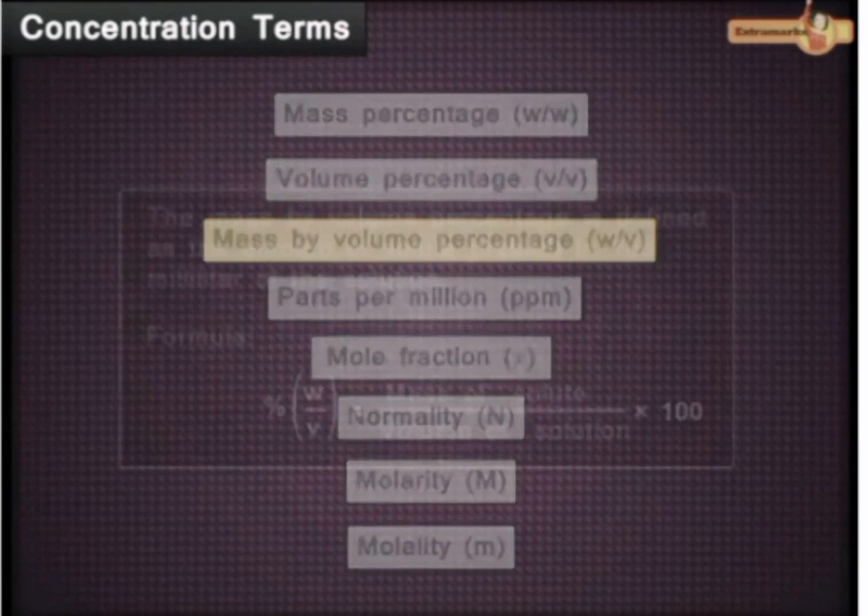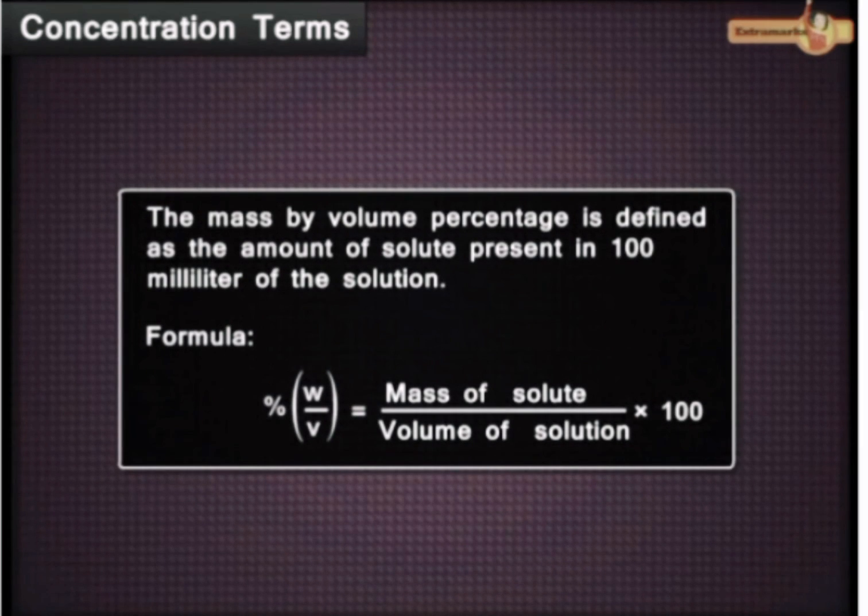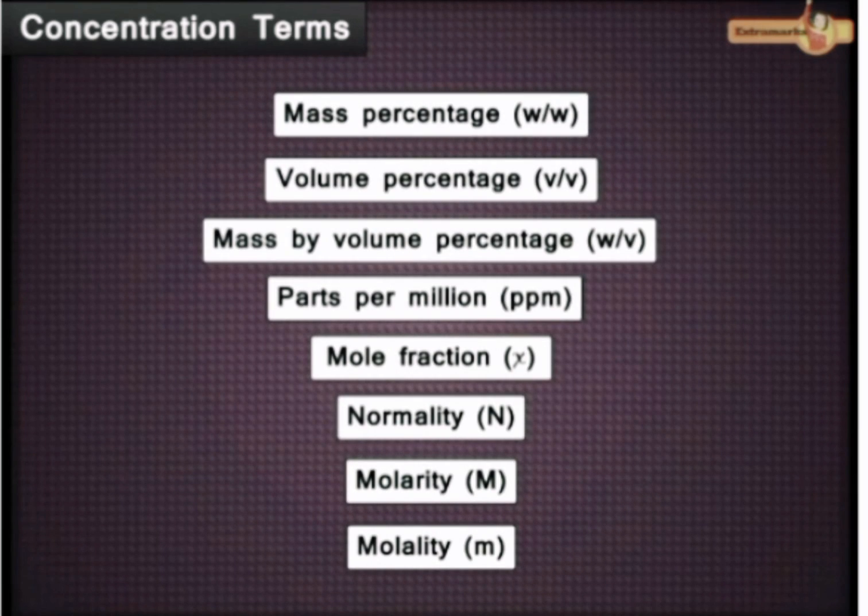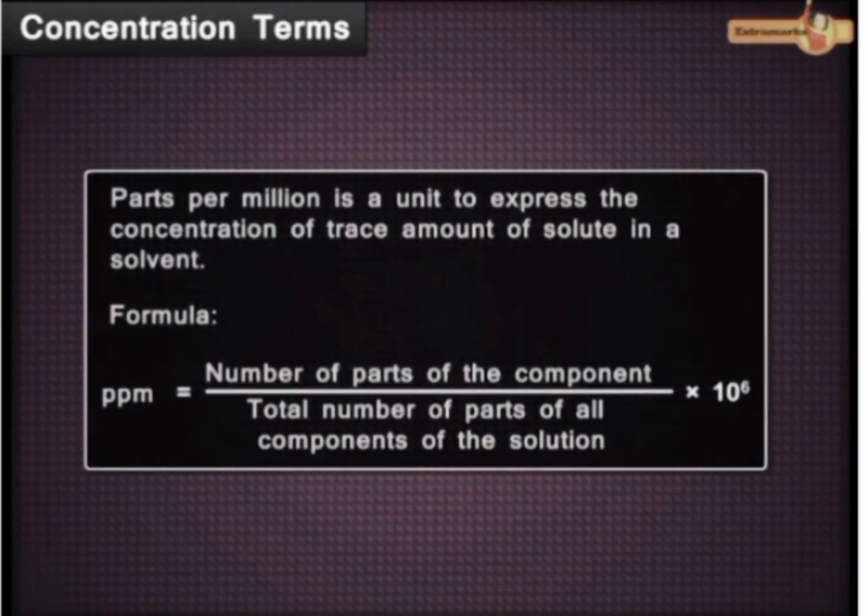The mass by volume percentage is defined as the amount of solute present in 100 milliliters of the solution. Parts per million is a unit to express the concentration of trace amounts of solute in a solvent.